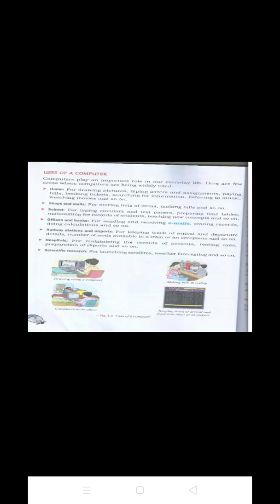It is used to draw pictures, solve sums, play games, watch movies, listen to music, and so on. At shop, computers are used to make bills and print them. It is also used to keep record of sales and purchase. It is used to keep record of items.